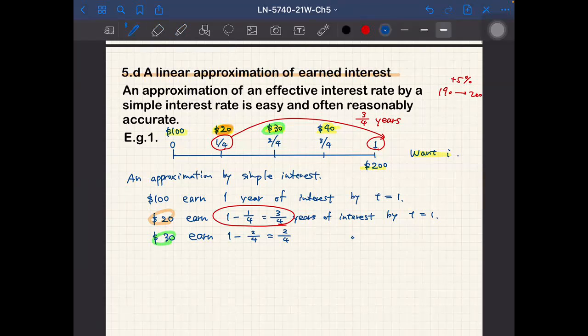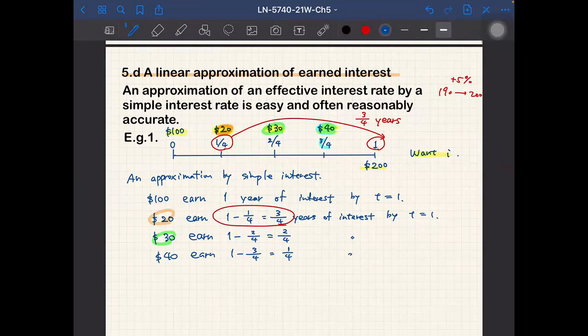And in the same way, this $40 earns just 1/4 year of interest, because from 3/4 to 1 is just 1/4. So the $40 earned 1 minus 3/4 years of interest, that is 1/4 of interest, by t equal to 1.